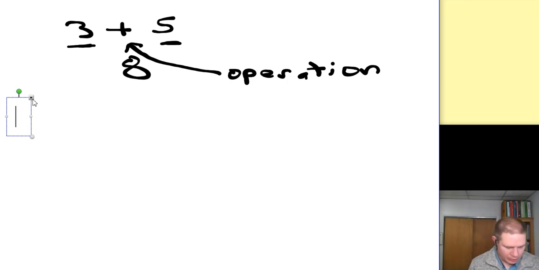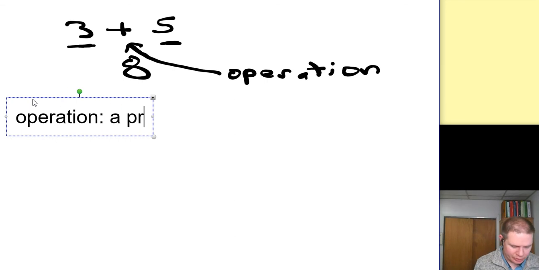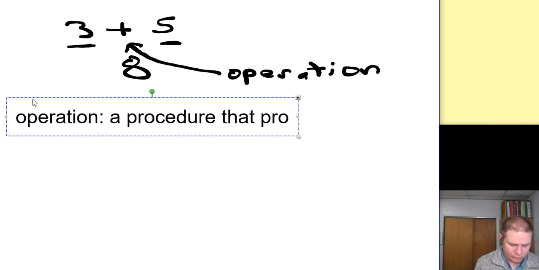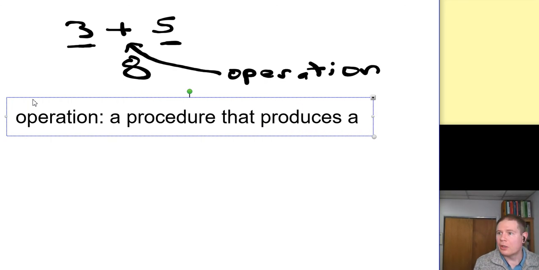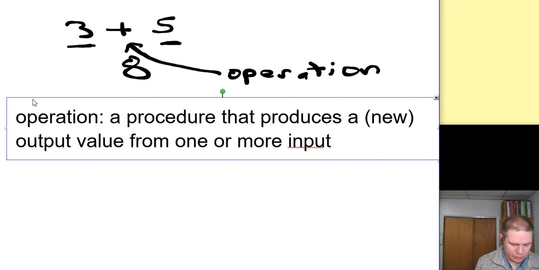So an operation is a procedure that produces a (new) output value from one or more input values.